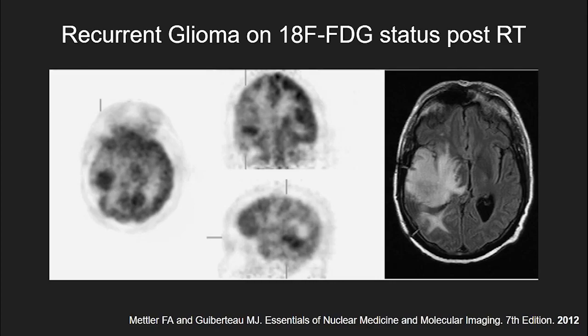As you can see on the FLAIR images on the right, it is often difficult to tell what is tumor versus what is just post-treatment effects and necrosis. In the midst of the FLAIR changes on MRI, you can see that the FDG is able to detect a small hypermetabolic lesion among these changes, and that this hypermetabolic lesion is recurrent glioma.